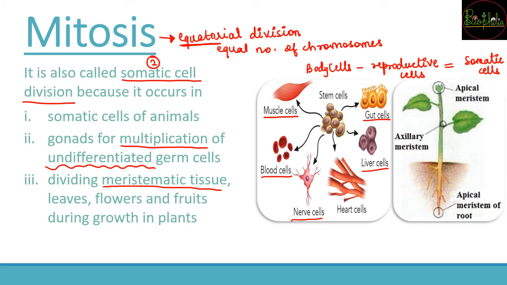Then there is going to be mitosis occurring in the leaves so that a small leaf can grow into a larger one, the bud can grow into flowers, then fruits can develop. All this is going to happen because of the cell division that takes place by the help of mitosis. So I hope you understood why mitosis is called as equatorial as well as somatic cell division.